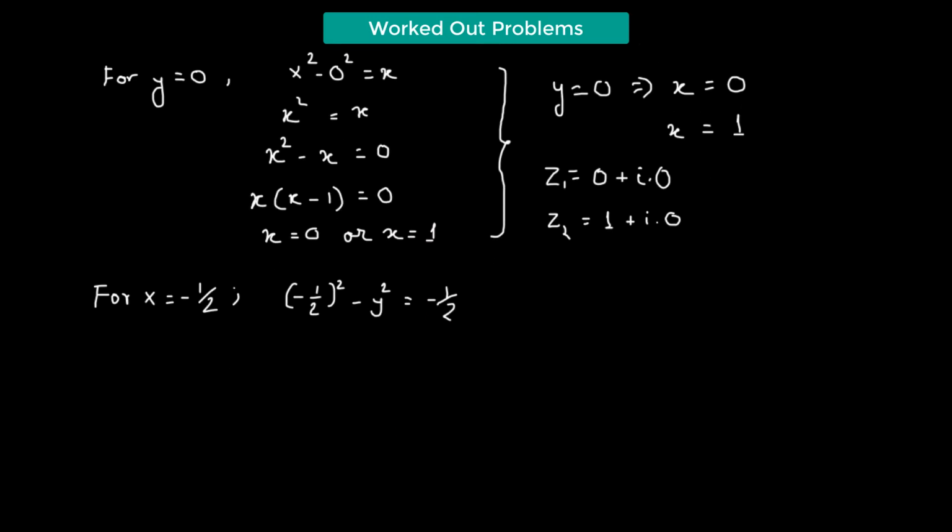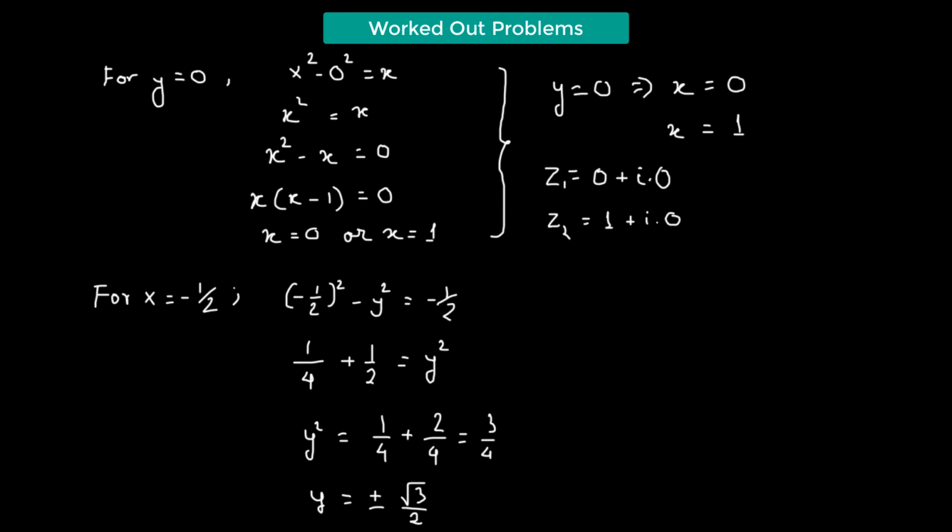We have -half squared will be positive 1/4, plus half equals y squared. So y squared is equal to 1/4 plus 2/4, which gives us 3/4. And taking the square root on both sides, we get y value to be equal to plus or minus square root of 3 over 2. So we have two values.